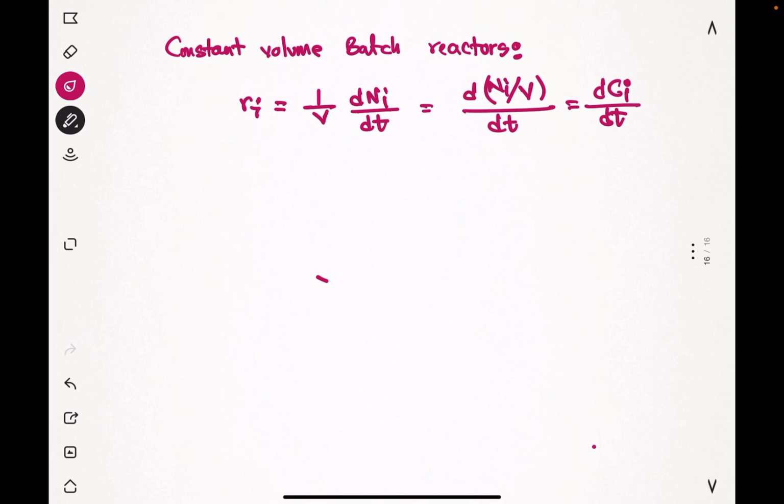This concentration, if this is a gas phase reaction and for ideal gases, we can also write Ci, and then our rate expression becomes this.